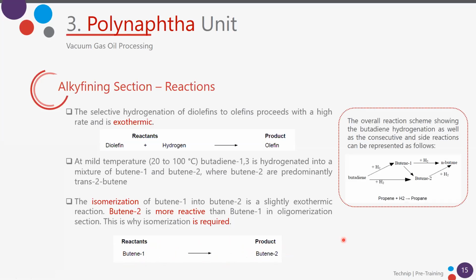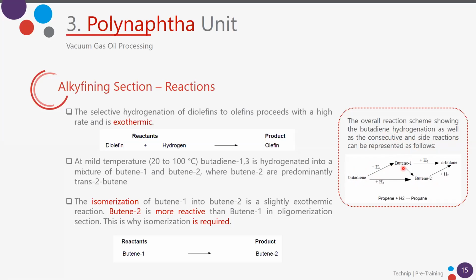So if you see here at the right is the overall reaction scheme showing the butadiene hydrogenation as well as the consecutive and side reactions can be represented as follows. We will start with this butadiene plus hydrogen. It will produce butene 1 and butene 2.